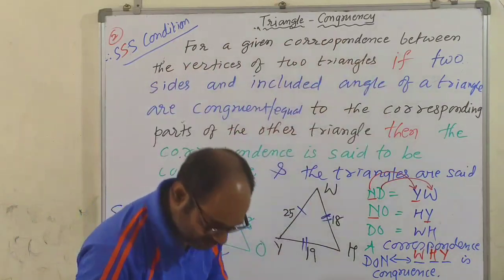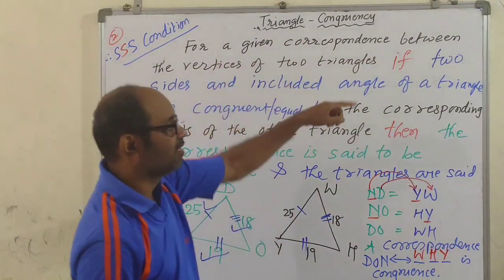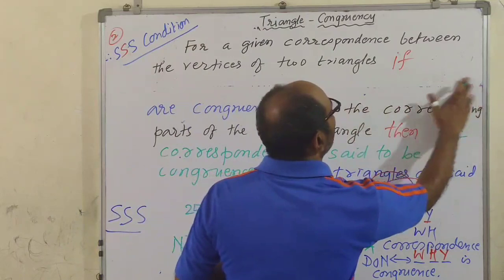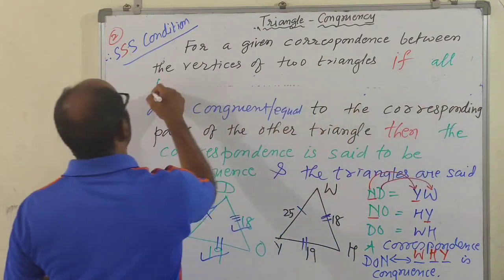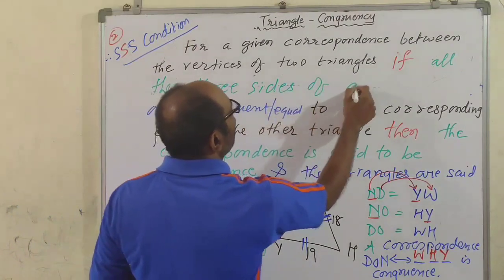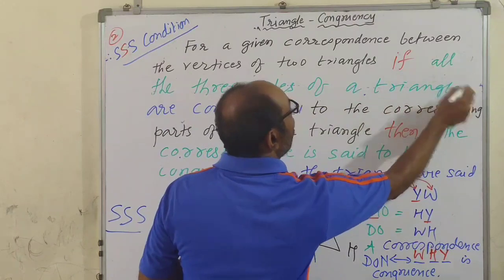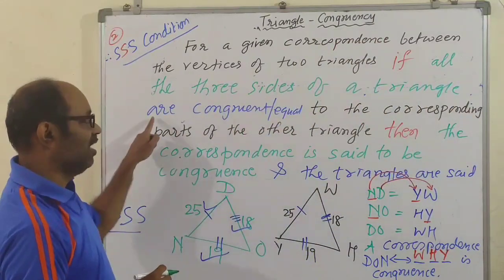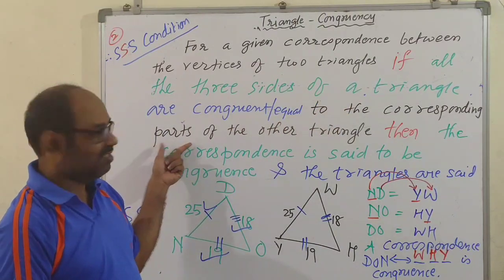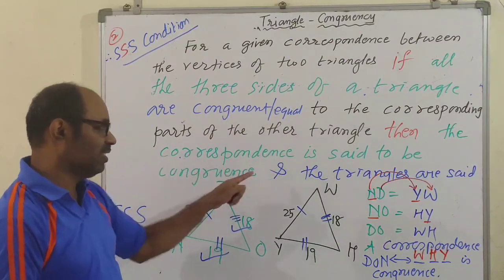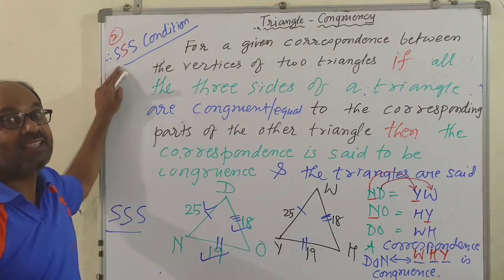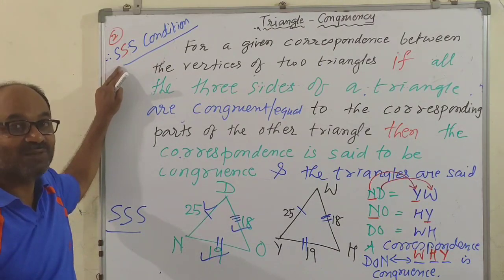For a given correspondence between the vertices of two triangles, if all the 3 sides, only sides of a triangle are congruent or equal to the corresponding parts, or you can write one word sides of the other triangle, then the correspondence is said to be congruent and the triangles are said to be congruent. This is which condition? Side, side, side condition for congruency of two triangles.